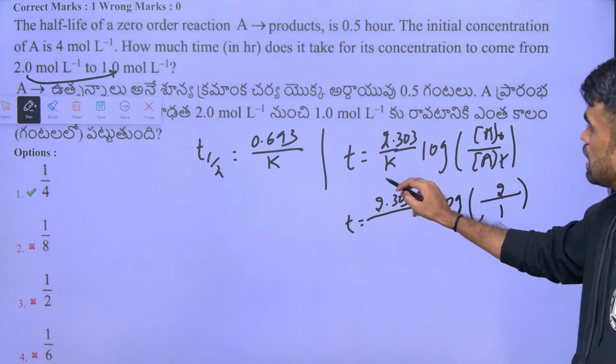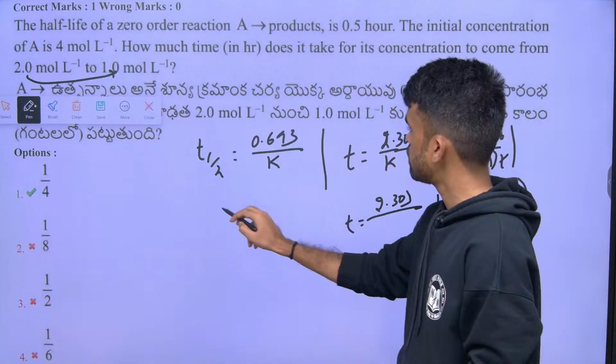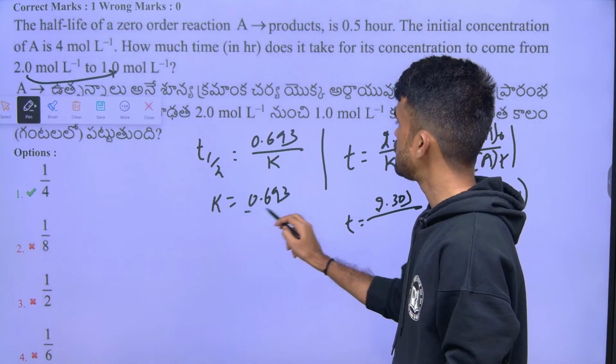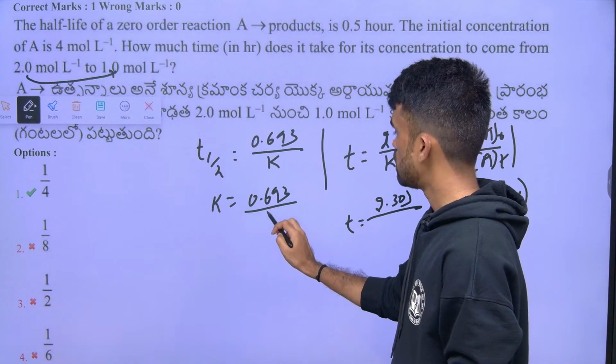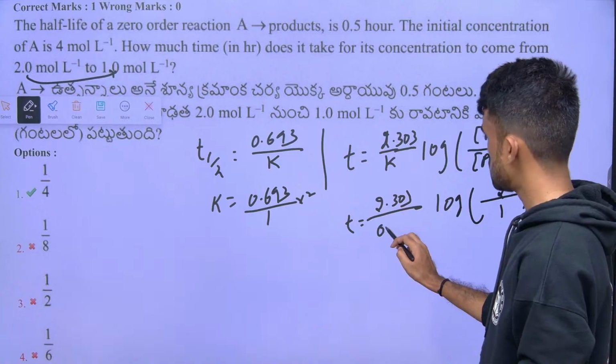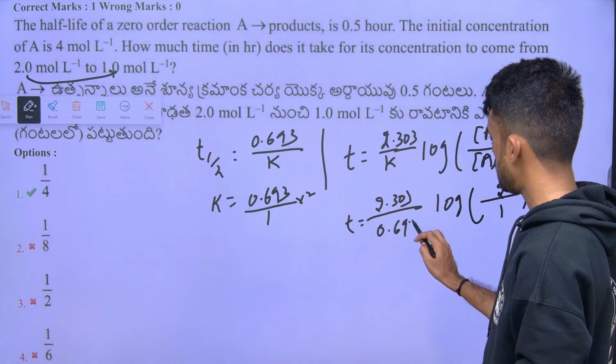And what about K here? K we can get from the half life: 0.693 by T half, which is 0.5. So it means 1 by 2, I am writing here multiplied with 2. So here also it is 0.693 by 2.